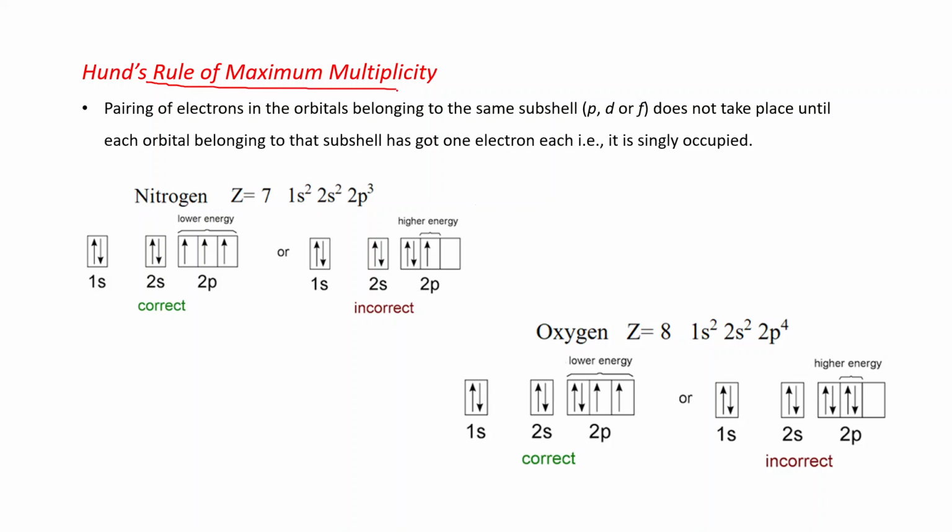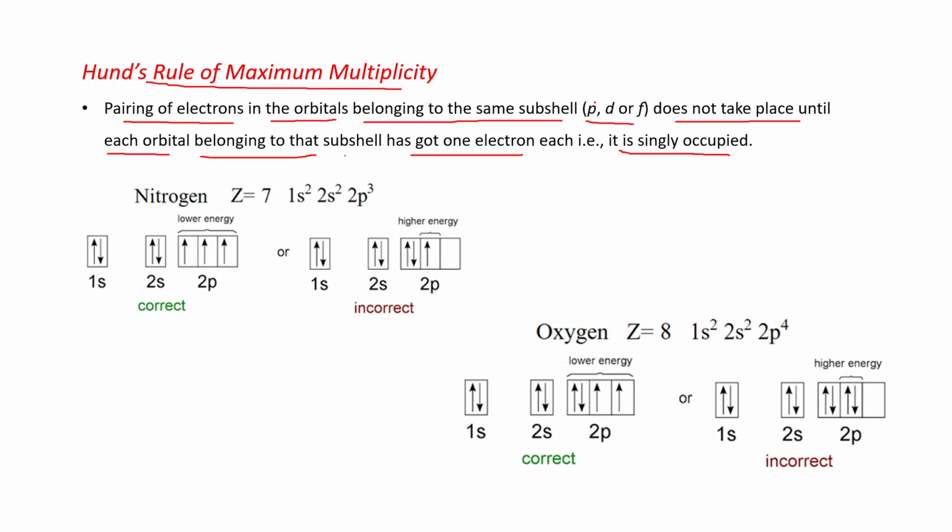Hund's rule of maximum multiplicity. Pairing of electrons in the orbitals belonging to the same subshell p, d or f does not take place until each orbital belonging to that subshell has got 1 electron each. That is, it is singly occupied.